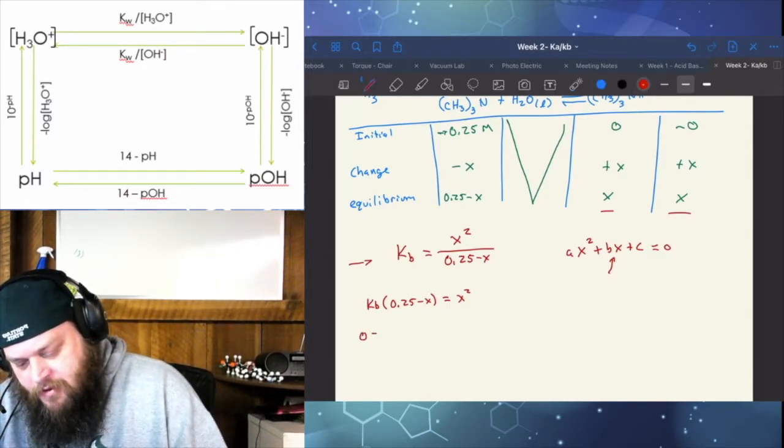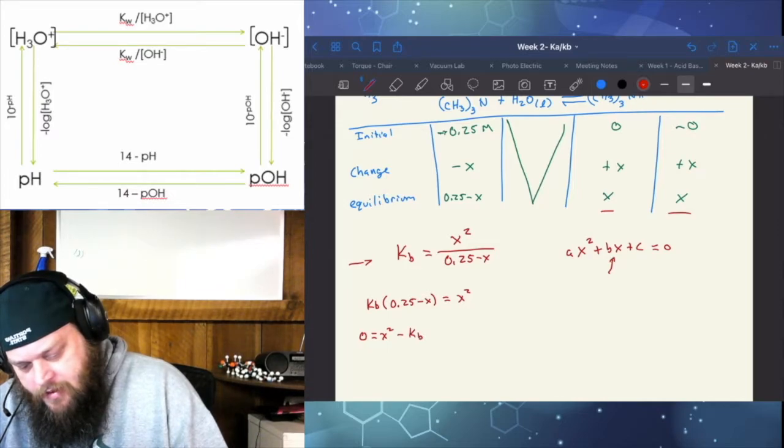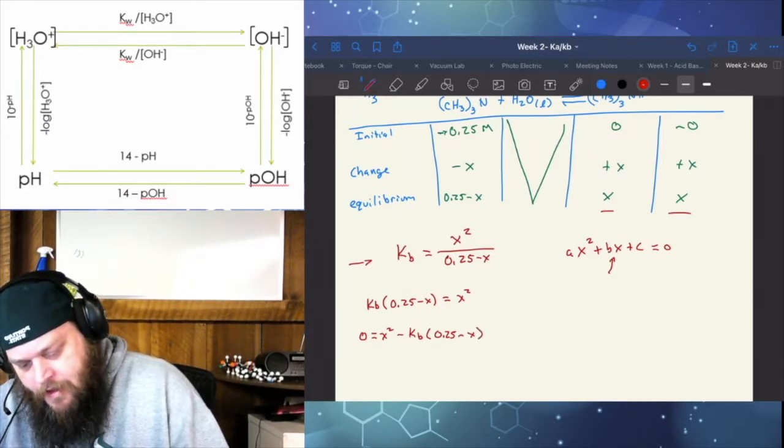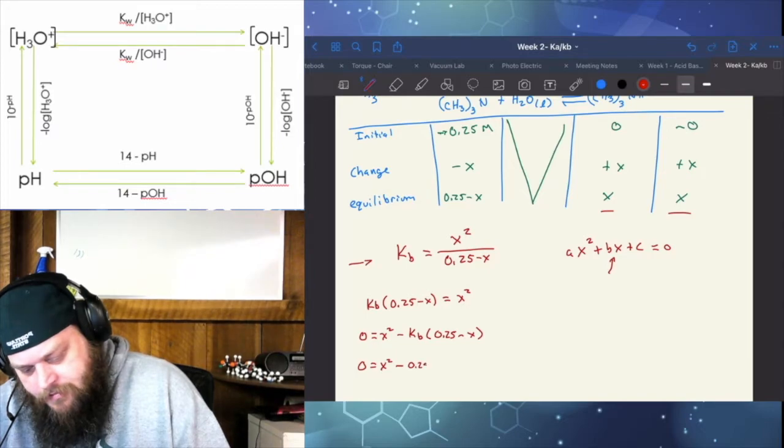So I can say 0 is equal to x squared minus KB times 0.25 minus x. And then distribute that negative KB in. So that's 0 is equal to x squared minus 0.25 KB plus KB x.